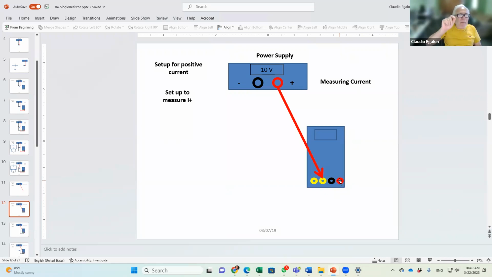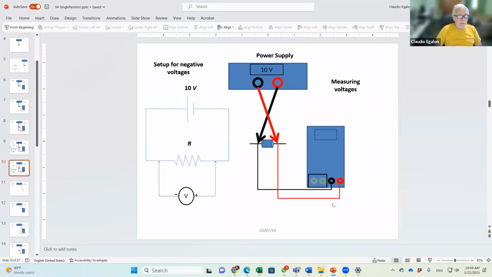Because the ammeter must be connected in series with any circuit, the multimeter must have an independent circuit on it. That's why we have this separate plug. Okay, remember that?